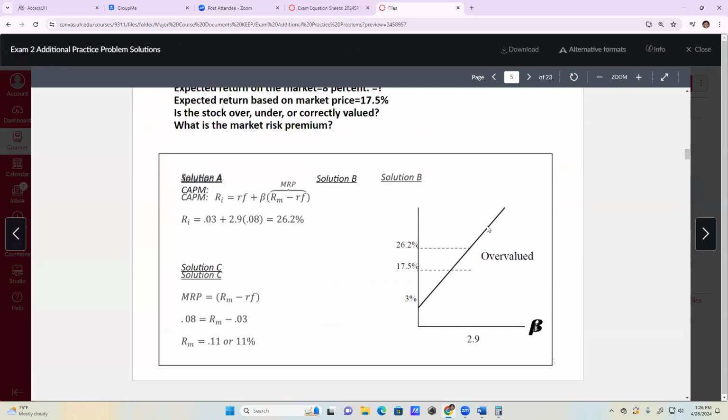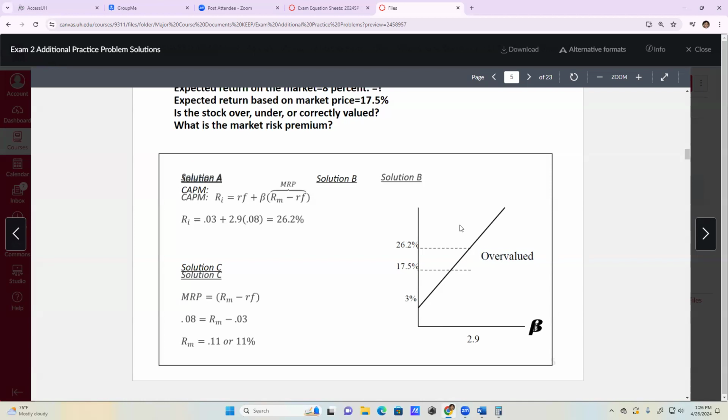I talk about that in the videos, but you have to know it. I think this is the tip here: if the return is below this line, then it's called overvalued. If it's above, it's undervalued.